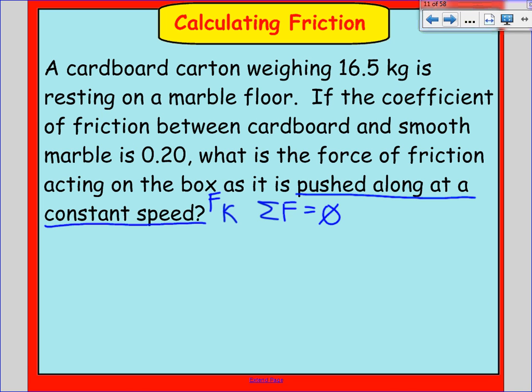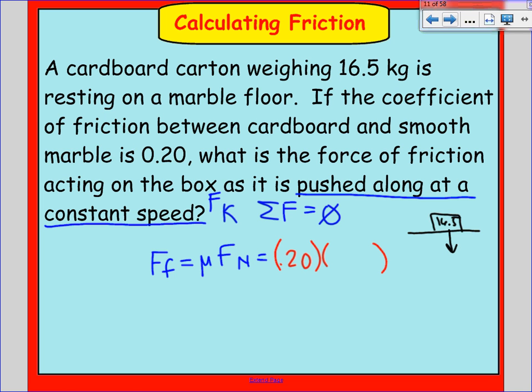If I want to solve for force friction, I need to know two things. What's the mu, and what is the force normal? Well, the mu the problem gives to me is 0.20. Now, the force normal, I need to figure that out. If I imagine the situation, I've got a floor and I've got the 16.5 kilogram block that's resting on it.